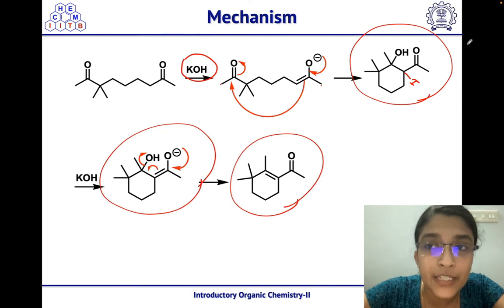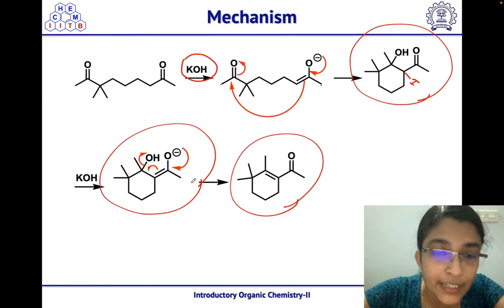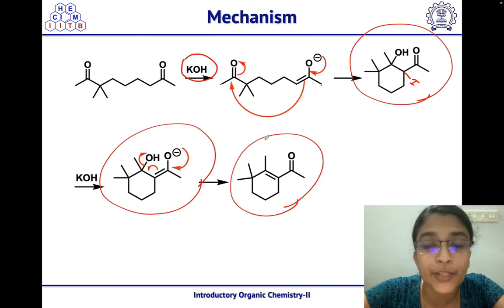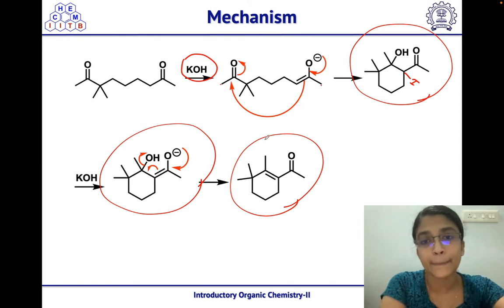Here the aldol reaction will take place, and again there is an alpha hydrogen. So it will generate an enolate again, and once the enolate is falling back, this double bond will shift here, and this hydroxyl group will be eliminated, resulting in the formation of this aldol condensation product. Is this clear?